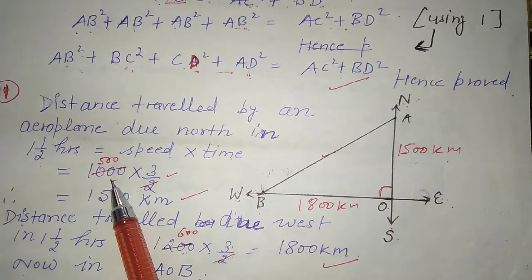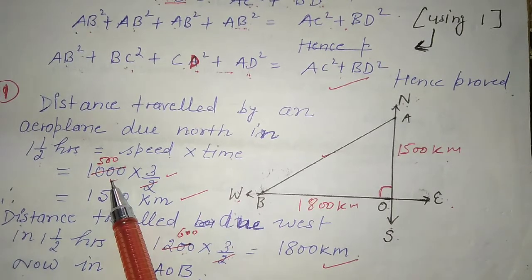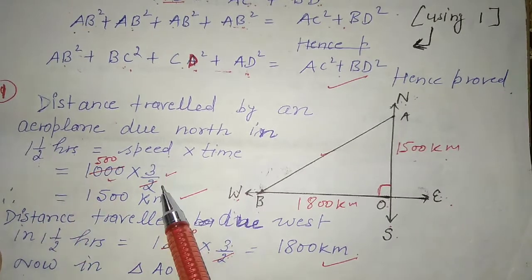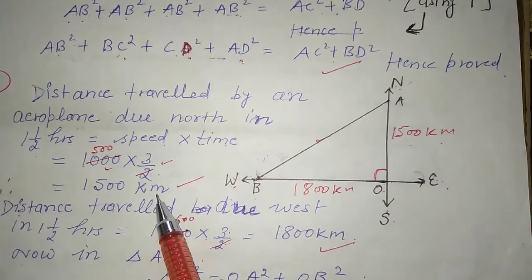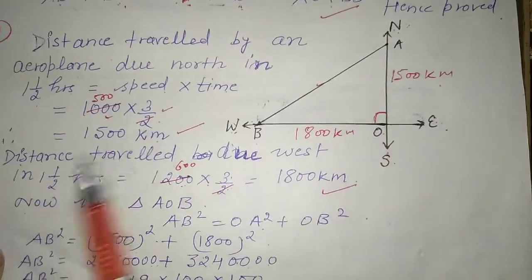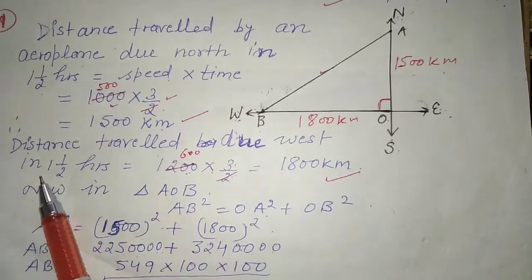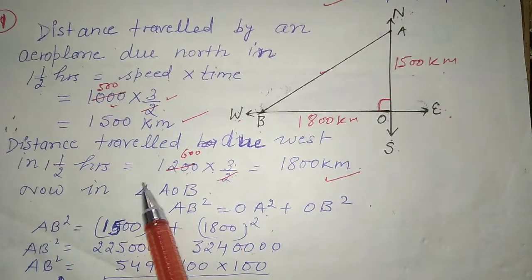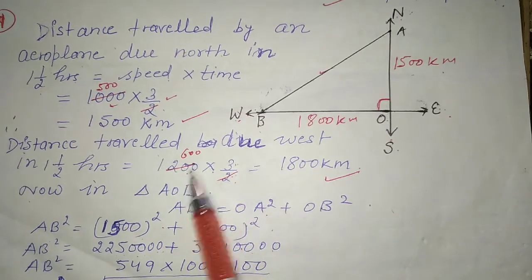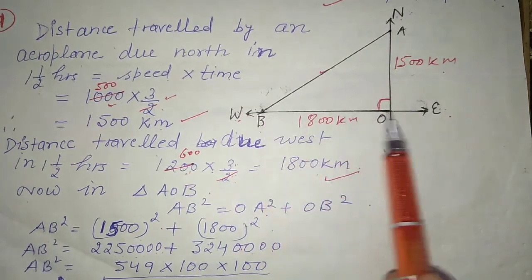So this will cover 1000 km per hour, this is the speed, and time is given as 1 1/2 hours, that is 3/2. If we solve this, we will get 1500 km. So this side is 1500 km. And the distance traveled due west in 1 1/2 hours is 1200, this is the speed, times 3/2. On solving, we get 1800. So this side is 1800.